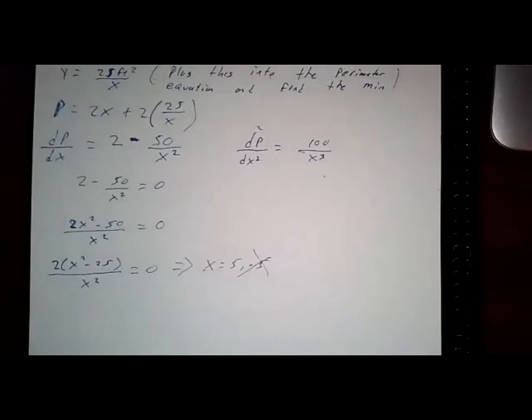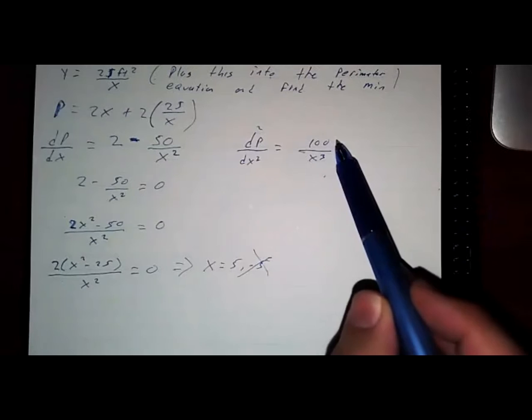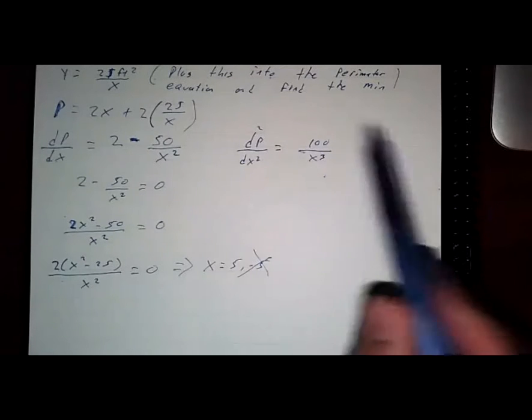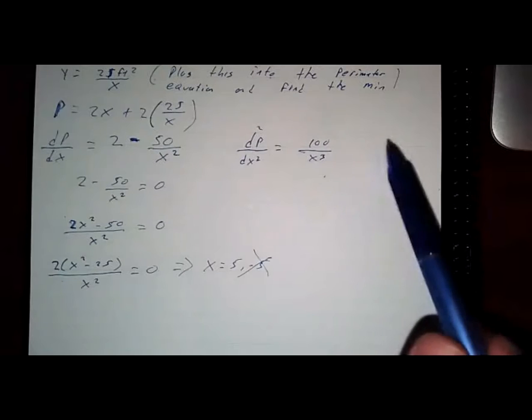Sorry about that. Second derivative will be 100 over x cubed. Double check here. Anyway, since this is positive, and I plug in a positive, it will stay positive, right? Do you agree with that logic?